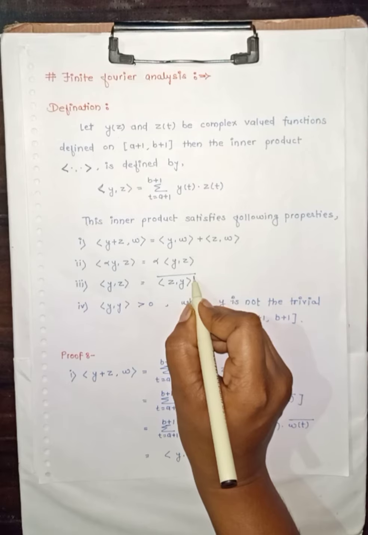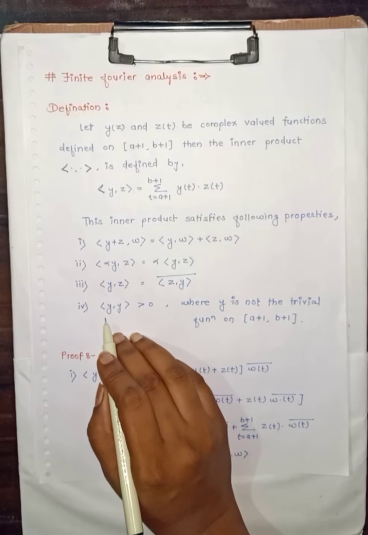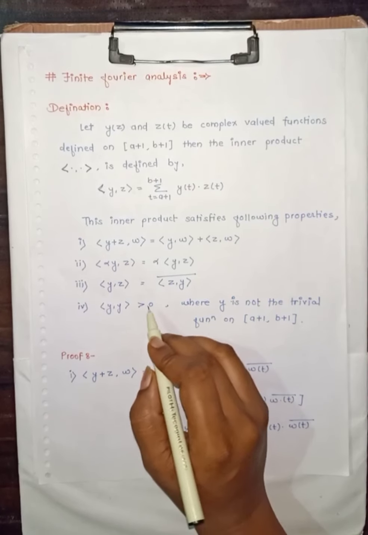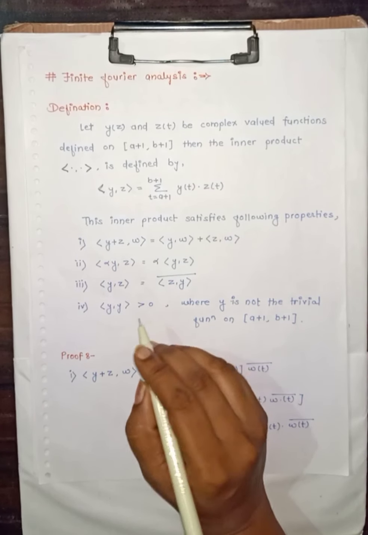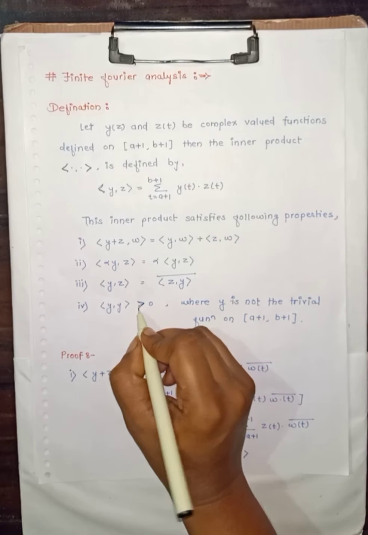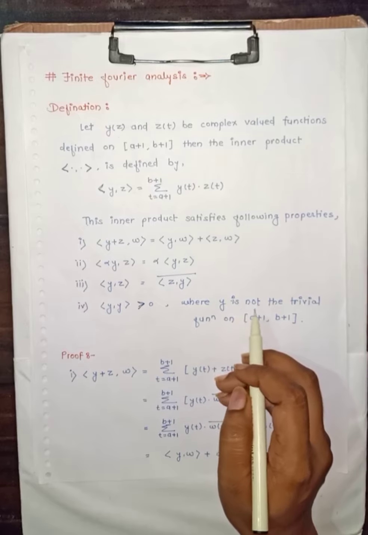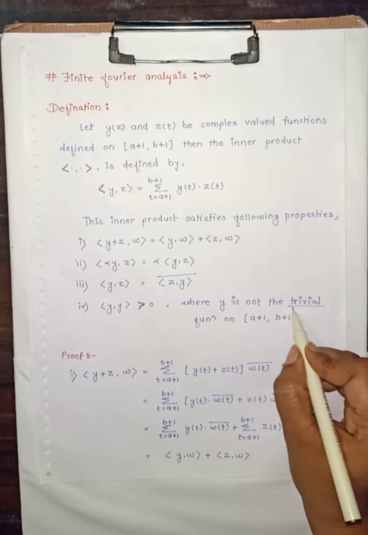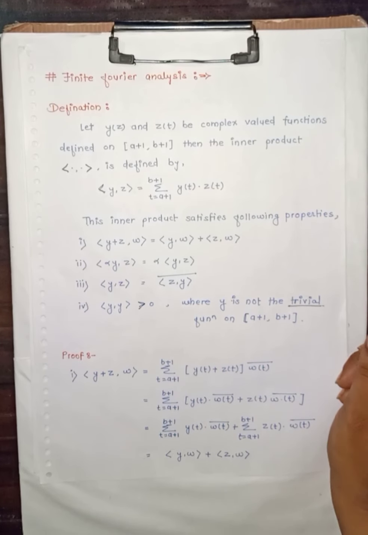This is the sign for the conjugate. And the fourth one is inner product of y with y, that is strictly greater than 0, where y is not the trivial function on closed interval a plus 1 and b plus 1.